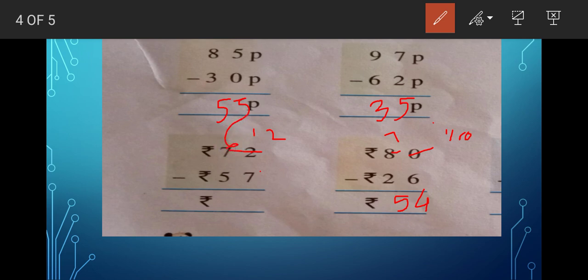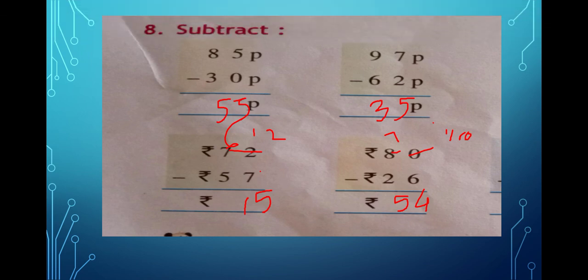So 12 minus 7 will be how much? It will be 5, right? Now 6 minus 5 will be 1. Okay, so now the symbol will come down. The symbol of rupee will come down. Rupee minus rupee will become rupee only. So this is the way you have to do the subtraction.